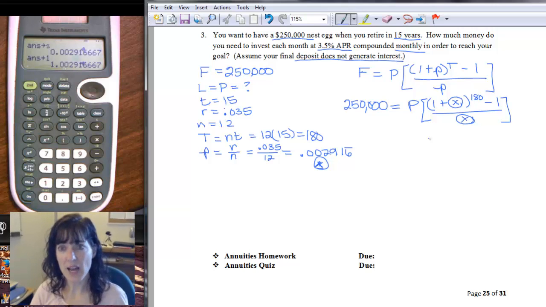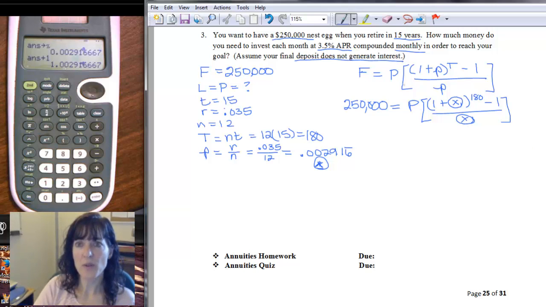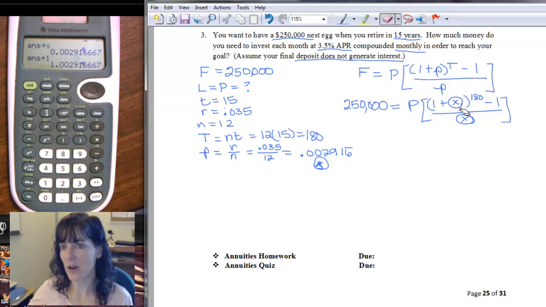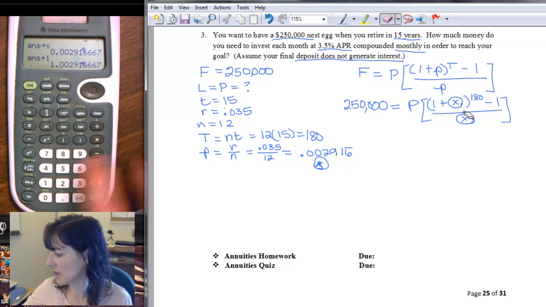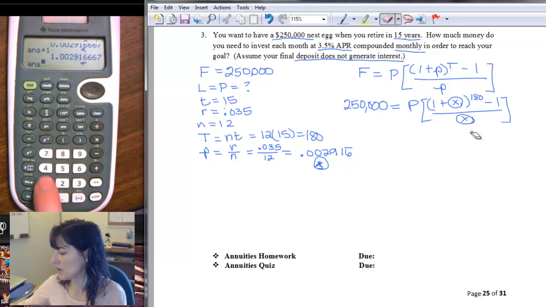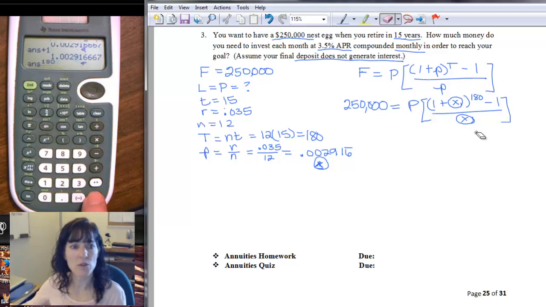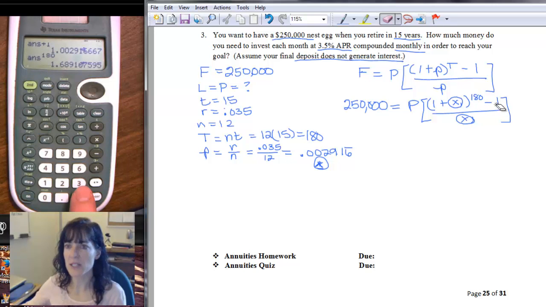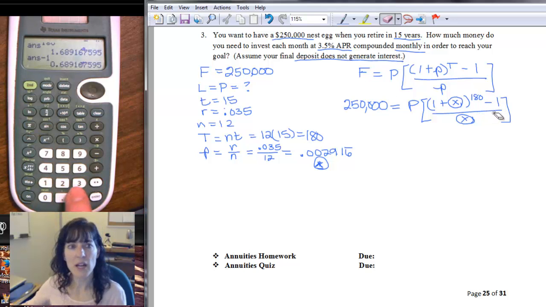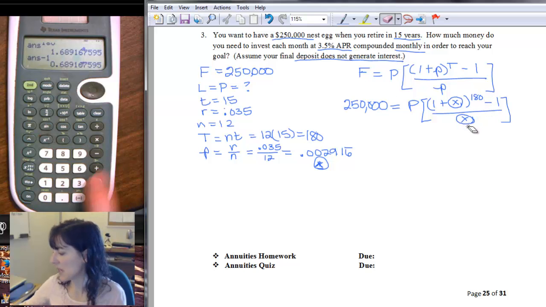I want to raise that to the 180th, so to the, and on this calculator it looks just like that, to the 180th equals, or enter, and now I have this little piece right here, and I just need to subtract 1, minus 1 equals, and I get the 0.68 and so on.